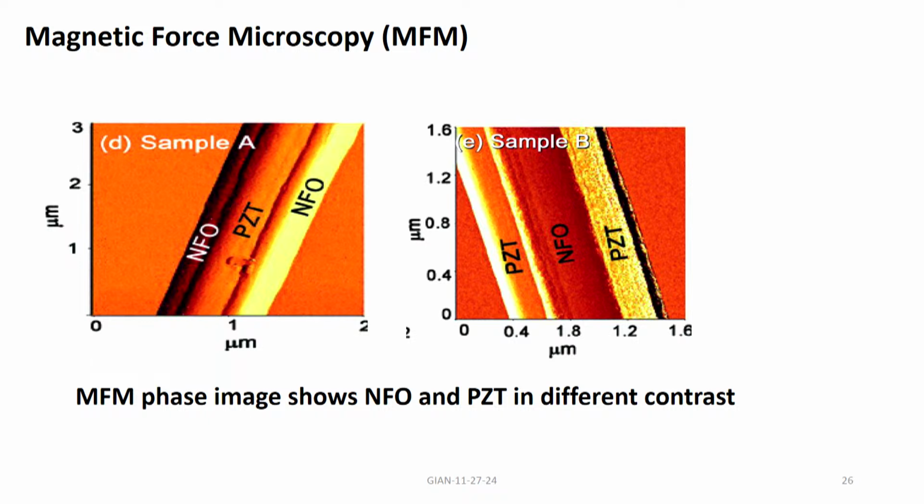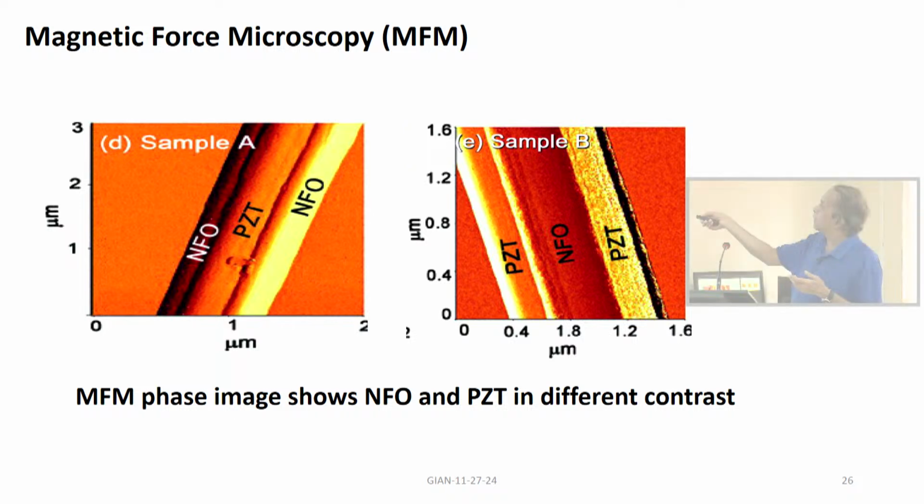The domains in the nickel ferrite look bright on one side and dark on the other, because the domain on this side has an orientation opposite to the other one. But PZT being non-magnetic, it looks dark in both cases here.